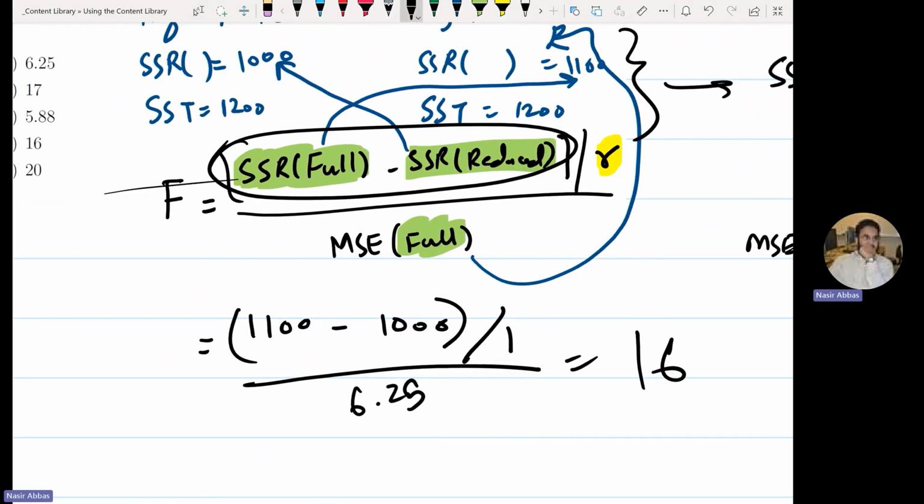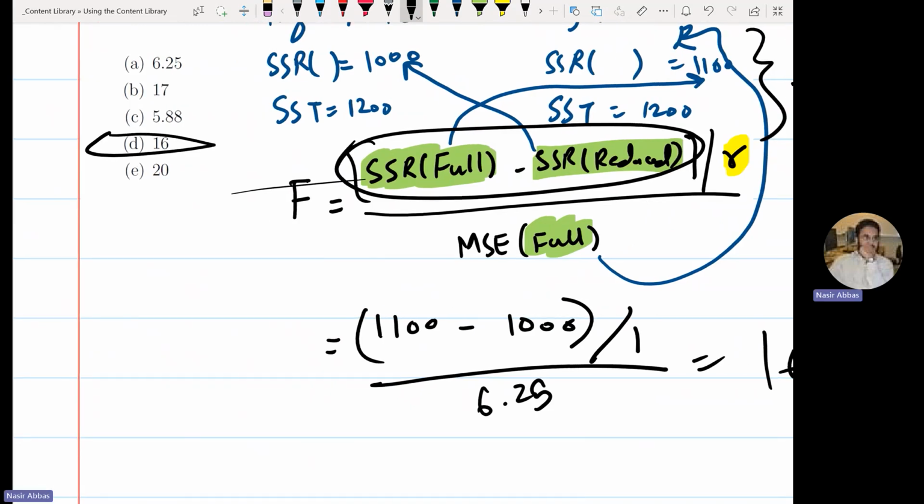16 corresponds to this 16. So you see 6.25 is there. 20, which is the sample size, is there. You know how this 5.88 comes? If you make a mistake in R, you choose R to be 3 or R to be 2, you'll get 5.88. 17, how will you get 17?